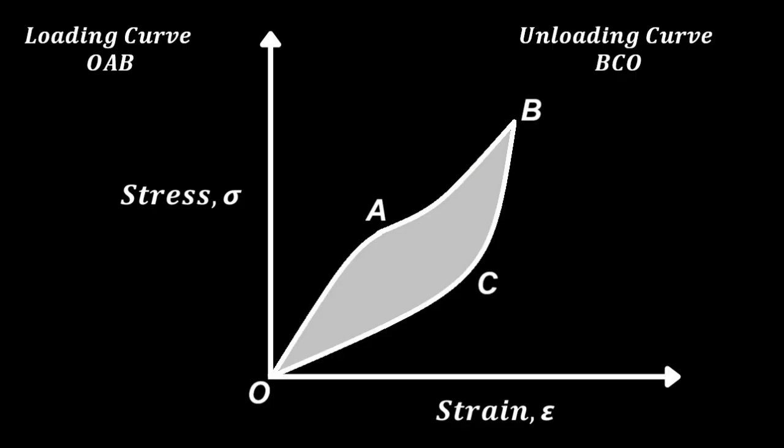Loading means gradual increase in stress on the elastic material. During loading, the plot of stress strain, where stress is on the y-axis and strain is on the x-axis, takes the path OAB.